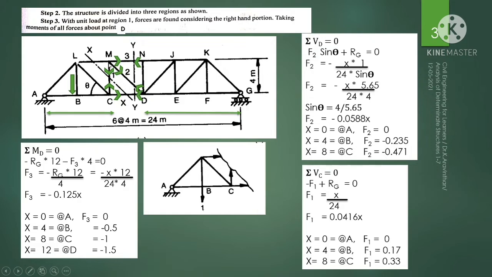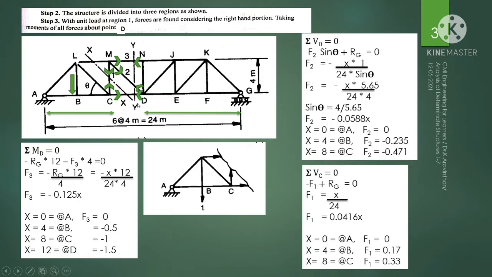Okay, now let us go to the member 1. So in order to find that, this will be left hand side and the upper part will be right hand side, so that we are cutting the plane in an inclined line. So in order to find that, let us resolve vertically.